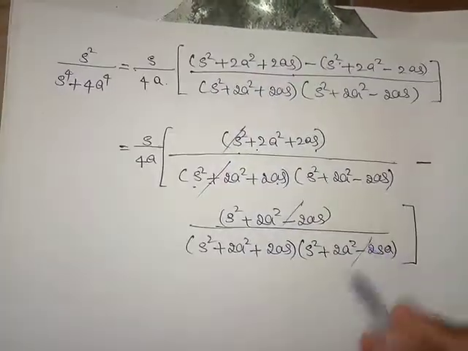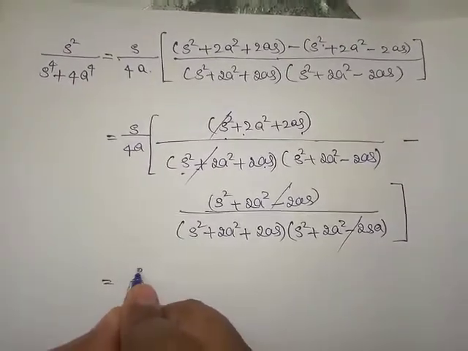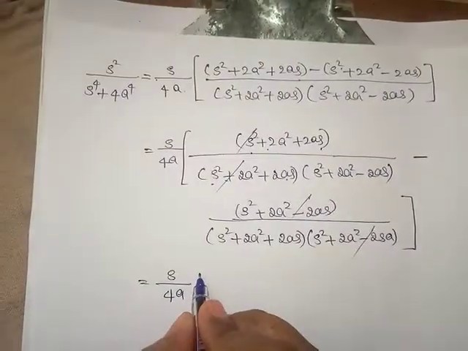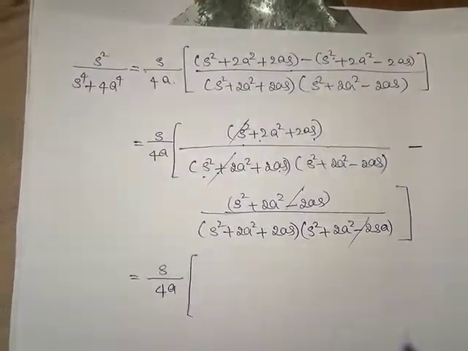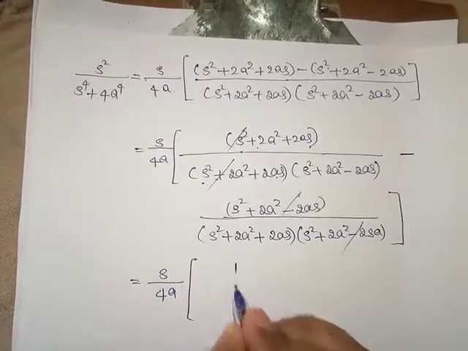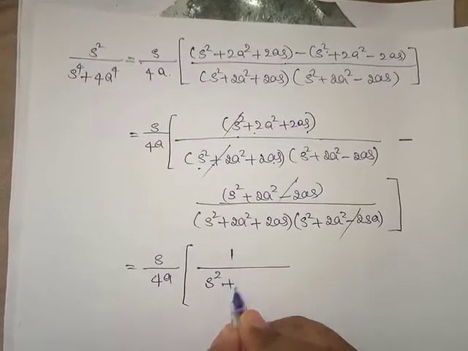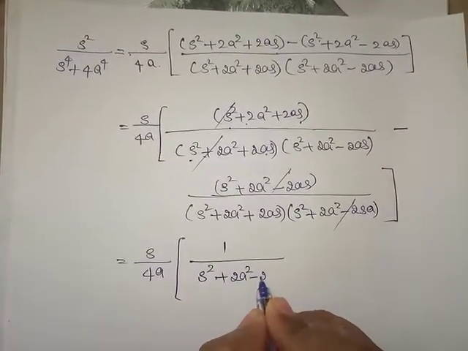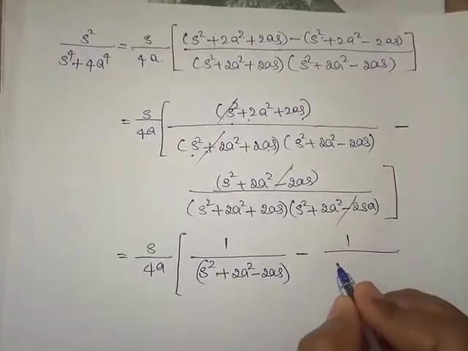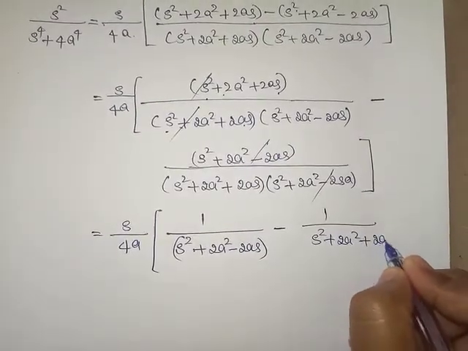Here this term will cancel, remaining is only s divided by 4a into 1 divided by (s² + 2a² − 2as) minus 1 divided by (s² + 2a² + 2as).